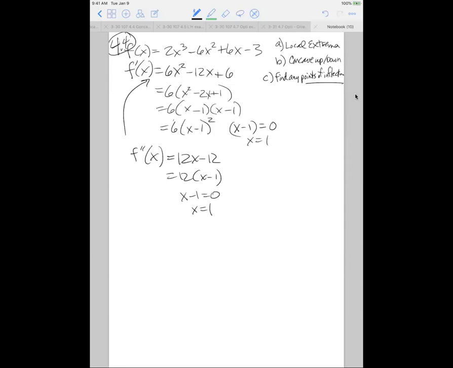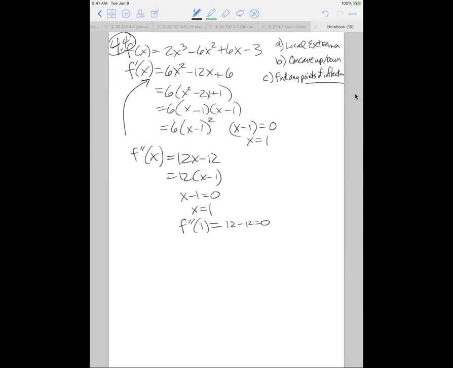If I plug 1 in, I get 12 minus 12, which is 0. So the second derivative at the critical point 1 gives me 0.